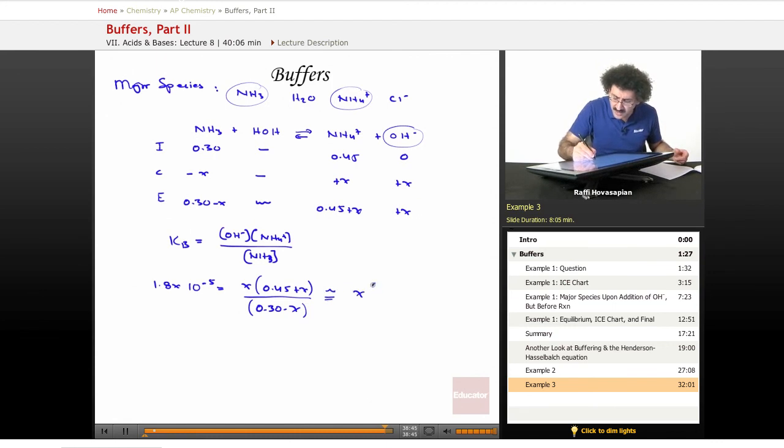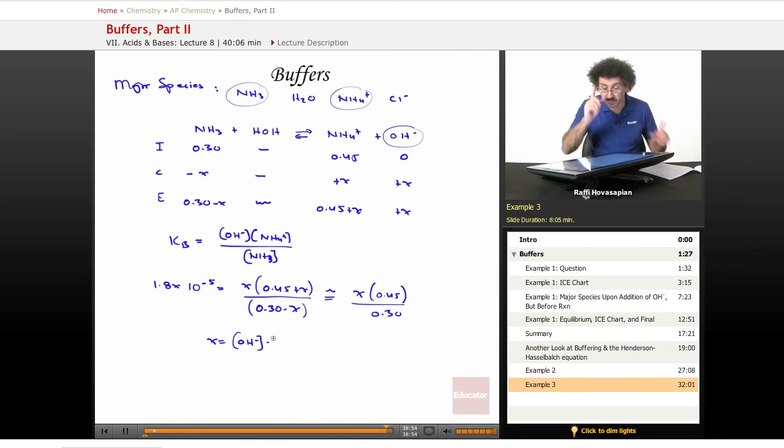It's going to be x times 0.45 divided by 0.3, and here we get x equal to the OH. Now, this is where you have to be careful. We're looking for the H plus. We have the OH minus, well, we have to do that first.